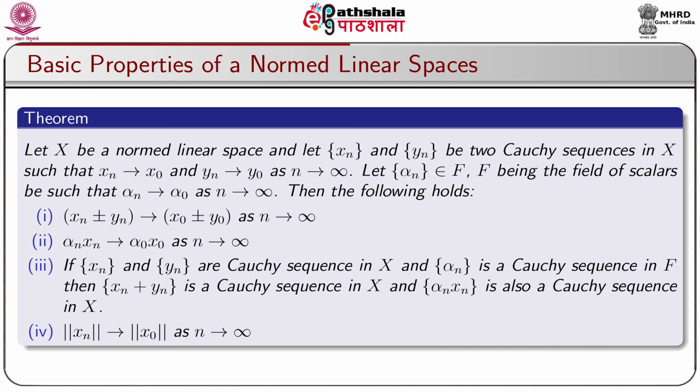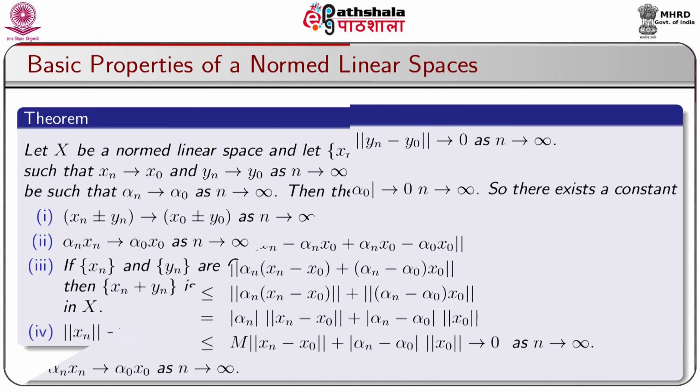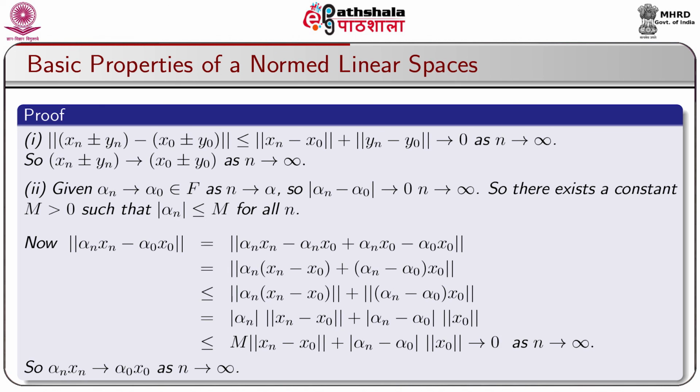Number 3, if sequences xn and yn are Cauchy sequences in X and the sequence alpha n is a Cauchy sequence in F, where F is the field of scalars, then xn plus yn is a Cauchy sequence in X and the sequence alpha n xn is also a Cauchy sequence in X. Also, number 4, norm of xn goes to norm of x naught as n tends to infinity. These results also hold in real analysis. We are going to prove these results one by one.